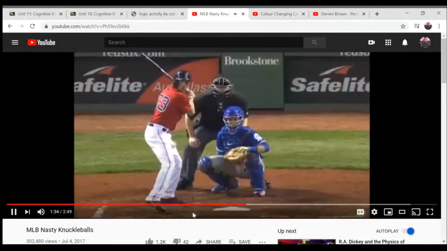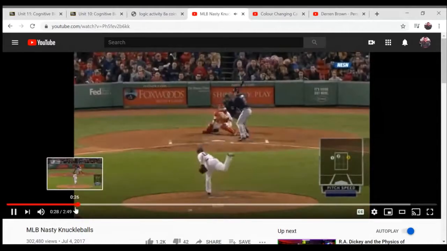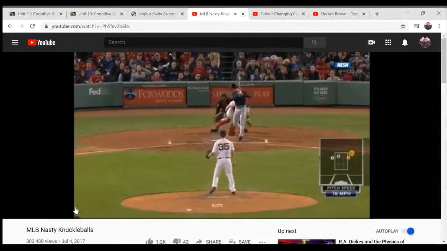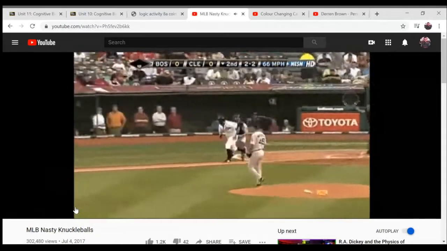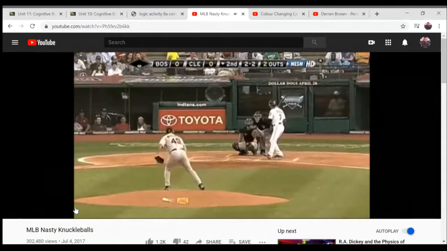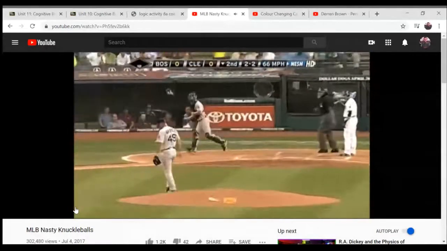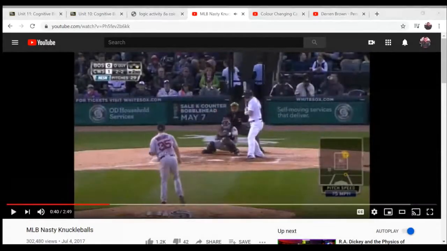Well, these catchers are now doing a good job. But up over here, look at all these examples where the catcher doesn't even catch the ball, because the catcher, whose job it is to catch the ball, is so confused as to where the knuckleball pitch is. This is a perfect example of a cognitive bias in action.